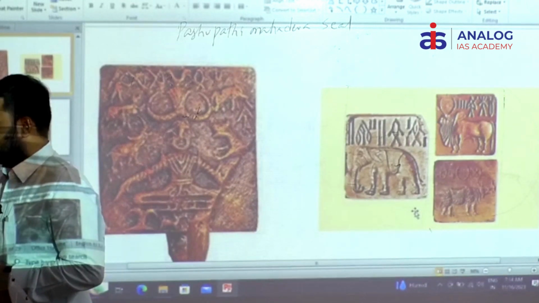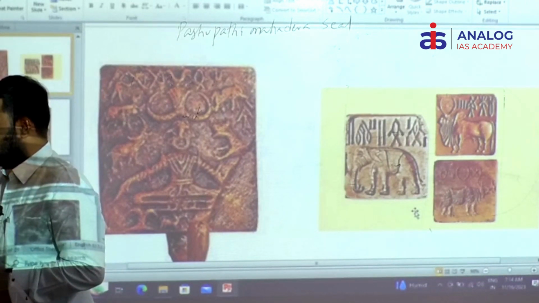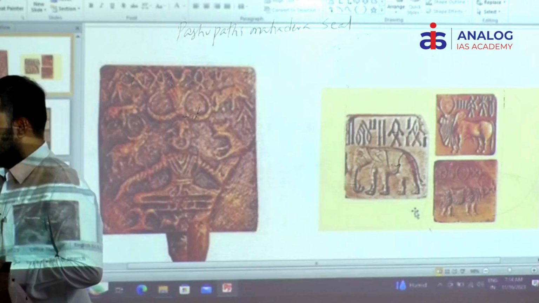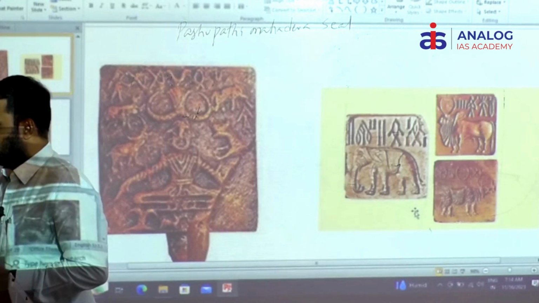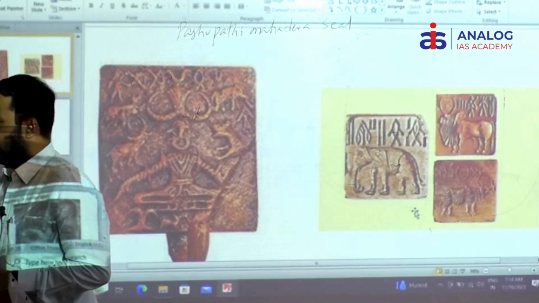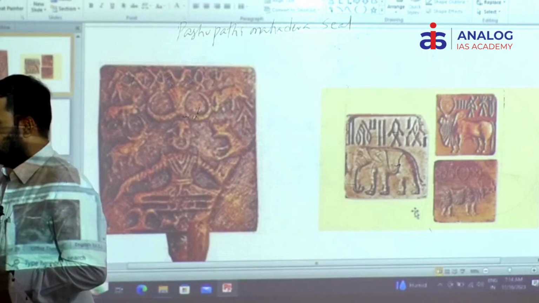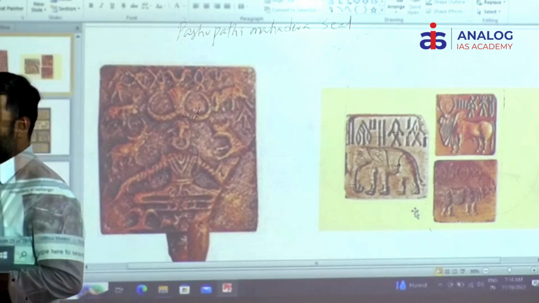He was surrounded by elephant, tiger, buffalo, rhinoceros, and two deer.